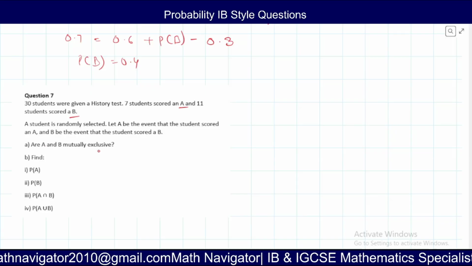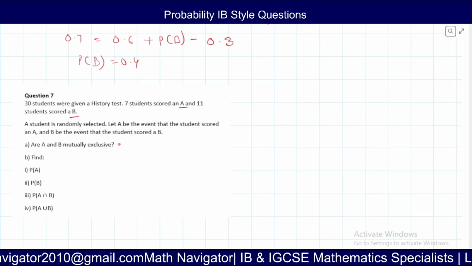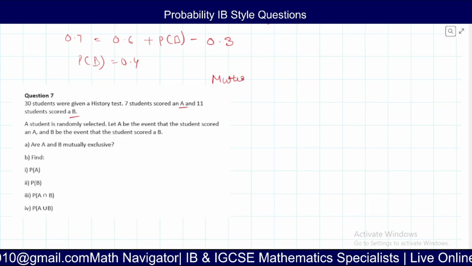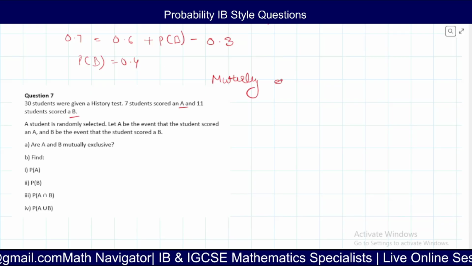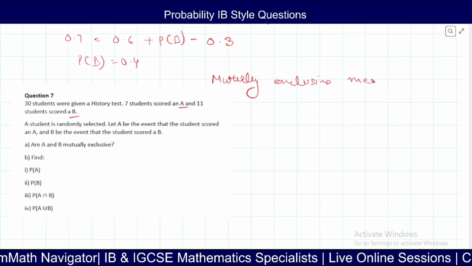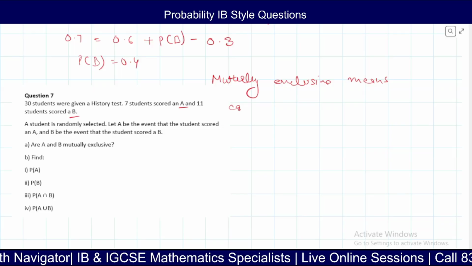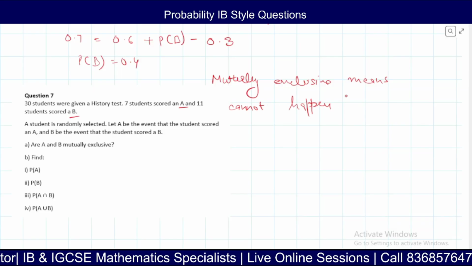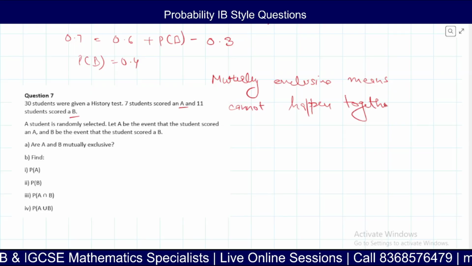So are A and B mutually exclusive? What is mutually exclusive? Mutually exclusive means cannot happen together, right?